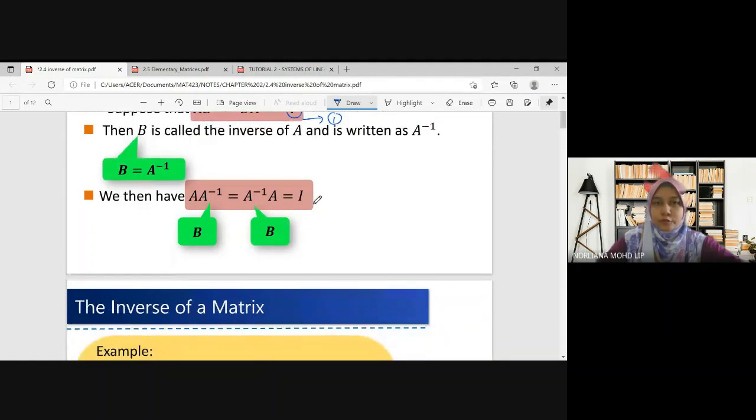We can prove this equation number 2: if A times A inverse is equal to A inverse times A, which equals the identity matrix, then A inverse is the inverse of A.